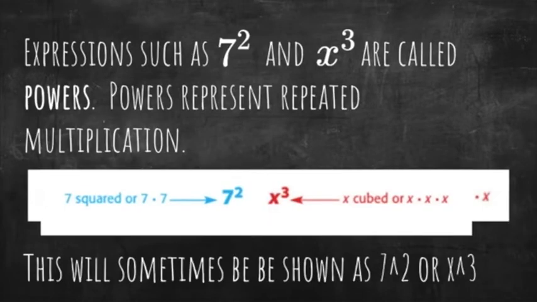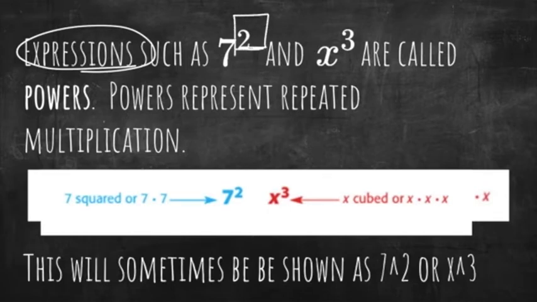So expression, that was one of our new vocab terms. It looks like 7 squared and x to the third. These are exponents, which we learned about in PEMDAS the other day. They are called powers. Powers represent repeated multiplication. So 7 squared we can classify as 7 times 7.